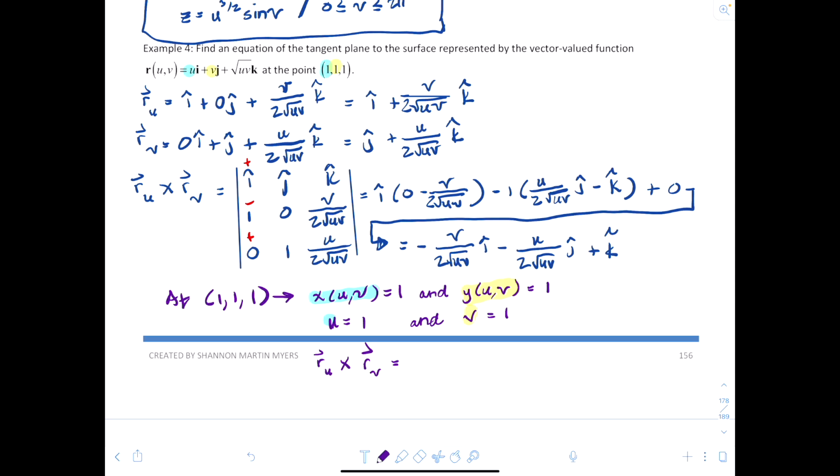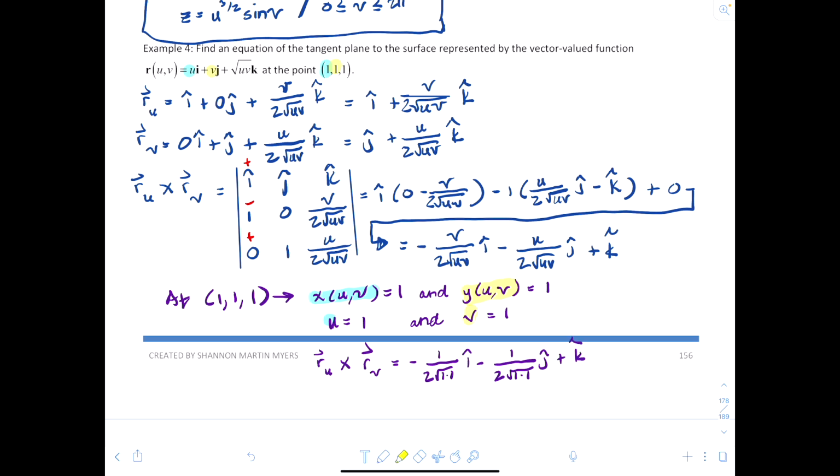negative a half. So I'll just show the work. So negative 1 over 2 root 1 times i minus 1 over 2 times root 1 times j, and then plus k.